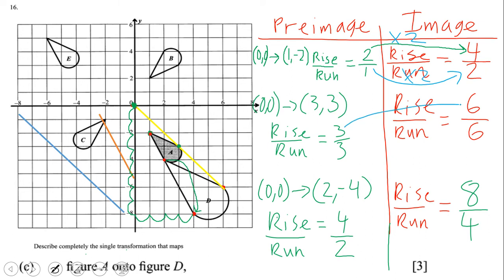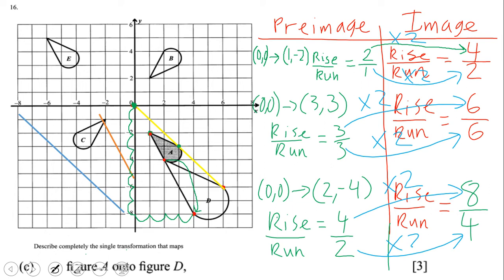How do you move from 3 to 6? Multiply by 2. How do you move from 4 to 8? 2. How do you move from 2 to 4? Multiply by 2. Good. So the scale factor is 2.